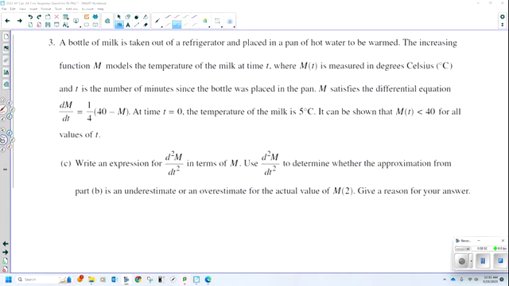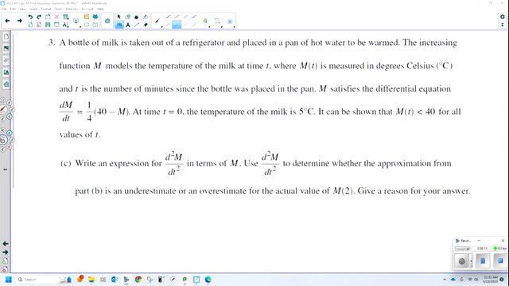All right, 3C. It says, write an expression for the second derivative of m. That's d2m over dt squared in terms of m. Okay, so when I take the derivative of that, I should have an m of some variation in there.